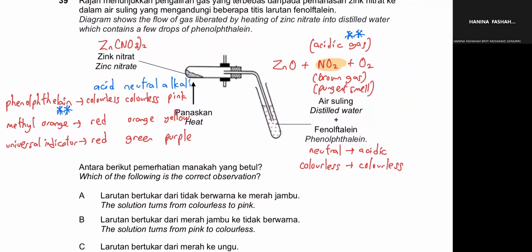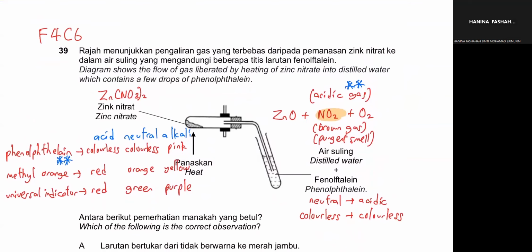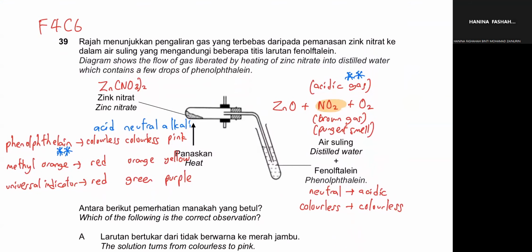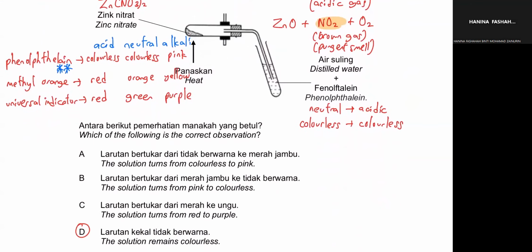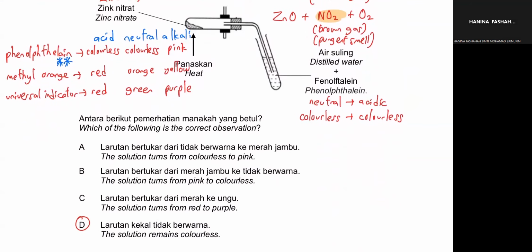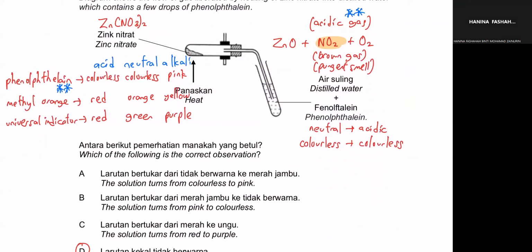Since they ask, of course they heat zinc nitrate, then you get nitrogen dioxide. Nitrogen dioxide is an acidic gas, you have to know. It also produces brown gas with a pungent smell. Here the key is acidic gas.